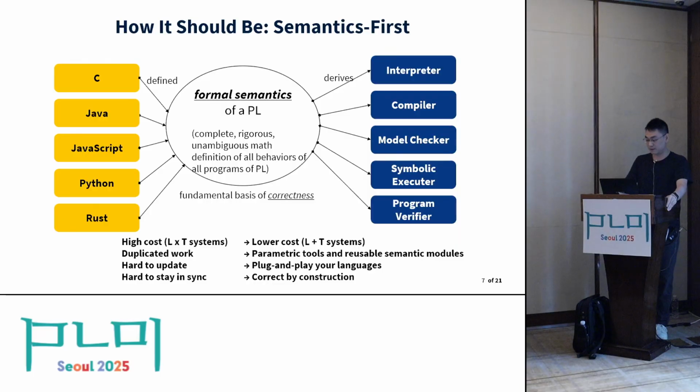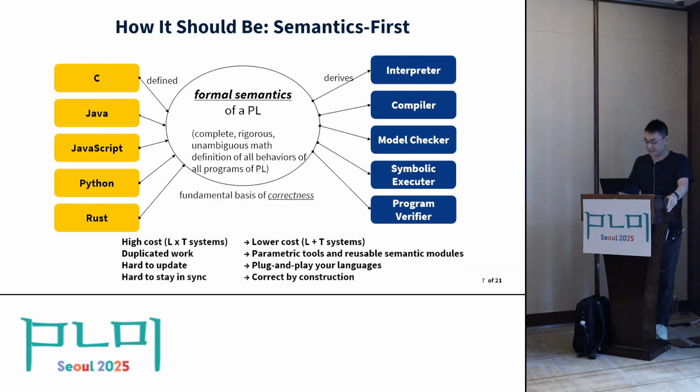And for example, if your language changes, if you modify your language, all you need to do is push one button, regenerate all the tools, and you're up to date. All right, so this is how we think PL design and implementation should be. So we call it semantics first approach. Whatever thing you want to do, define the semantics first, and then everything else follows later.